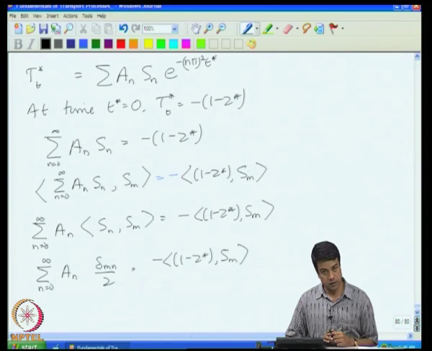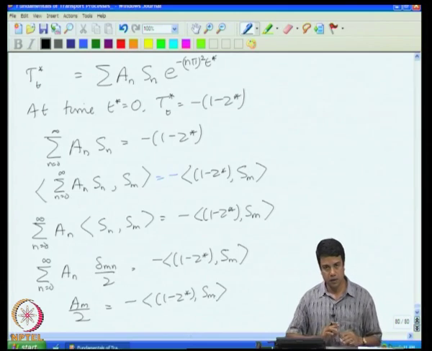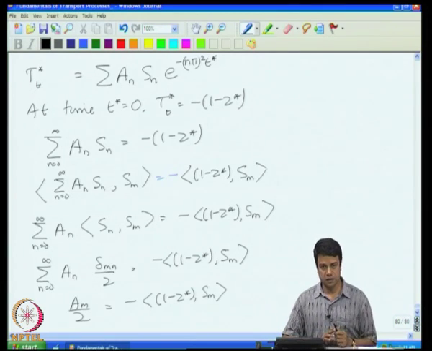And delta Mn is non-zero only when n is equal to m. Therefore, this will give me Am by 2 minus, and that was how I determined the constants, all of those infinite set of constants in the equation.